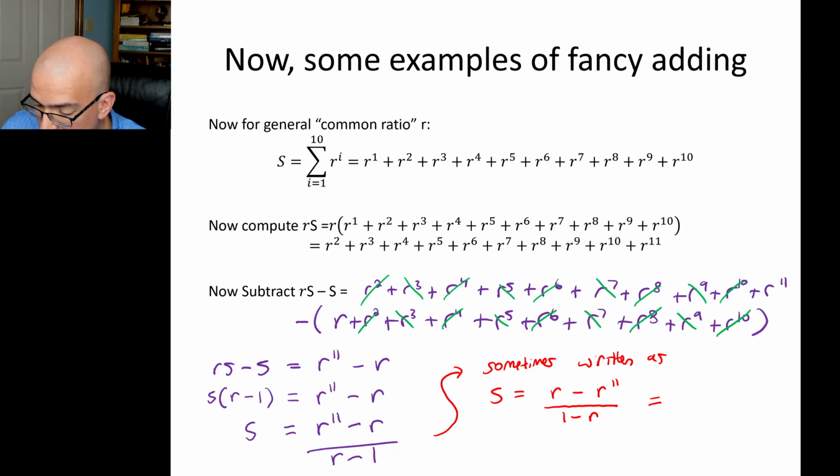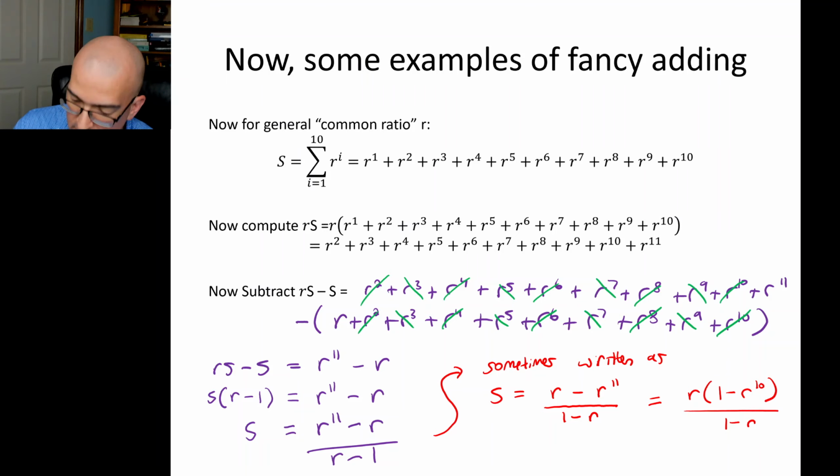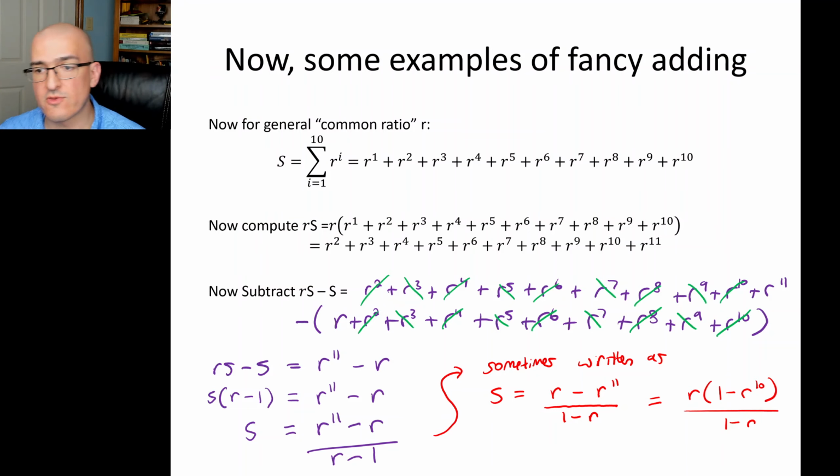Or you could common factor an r out of the top. So you have r times 1 minus r to the 10 over 1 minus r. I know you can't cancel those. There's no canceling. So there are 3 different formats that this final answer can be written in. You're likely to use it in the last format, but you may also use it in the first format.